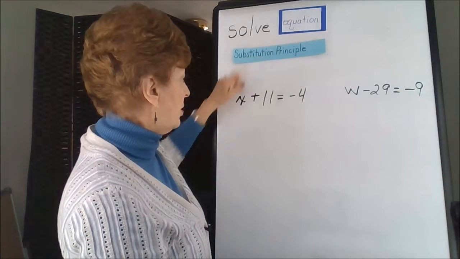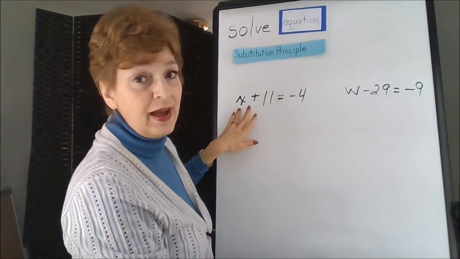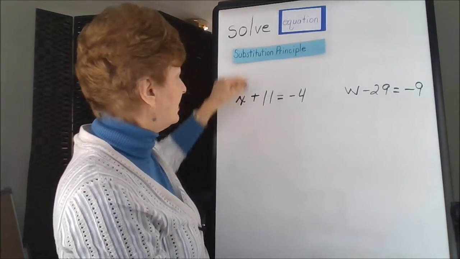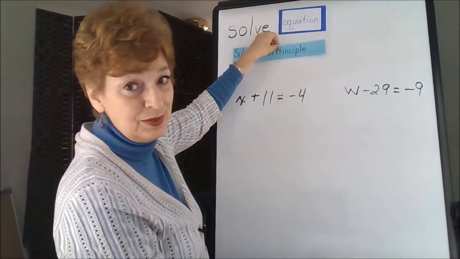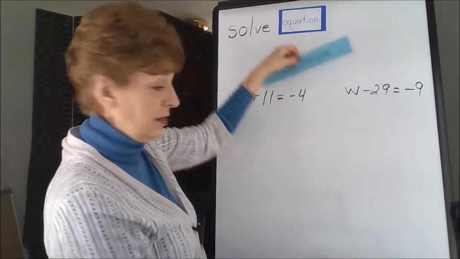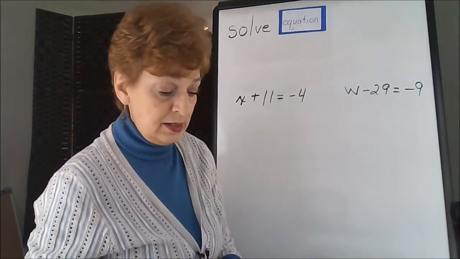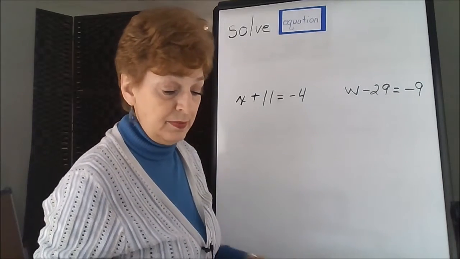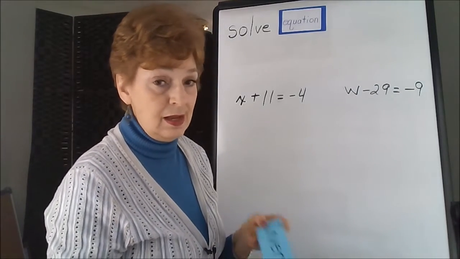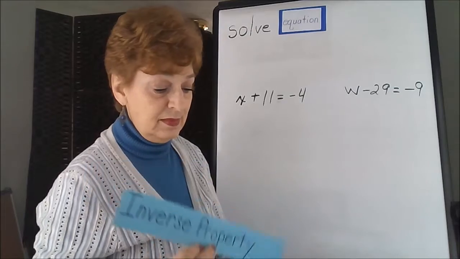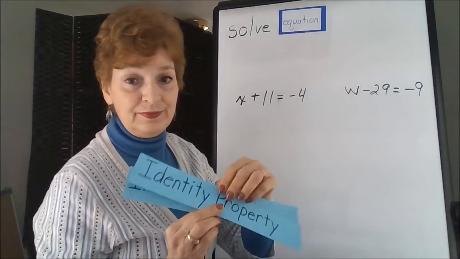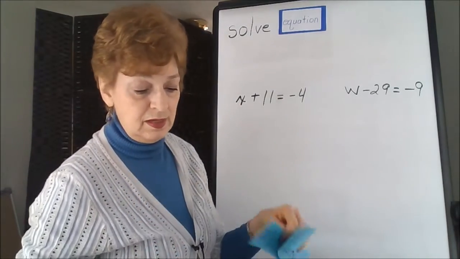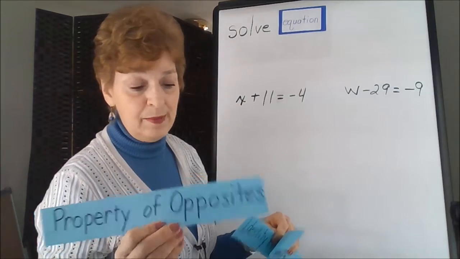At this juncture, we don't know what the value of x is. We have to find that out. So we're really not substituting anything either. What we're doing is using some of our properties. The inverse property, the identity property, the property of opposites.